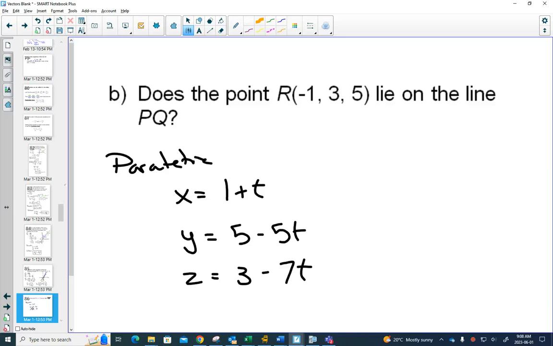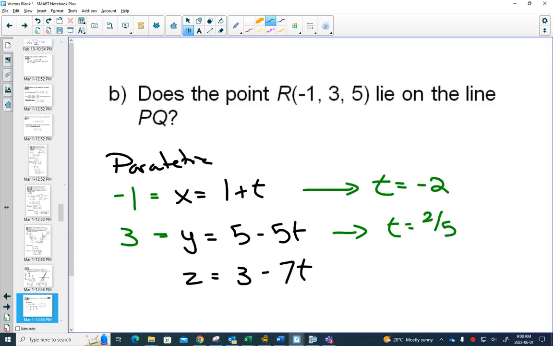So if x is -1, can you see that this equation says t would have to be -2? And if y was equal to 3, if I solve for this, t would have to be 2/5.